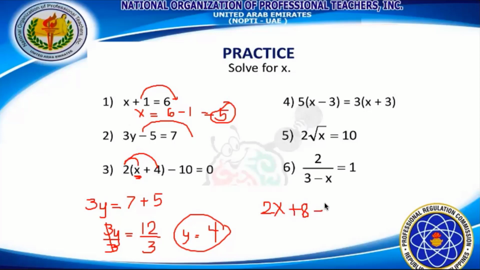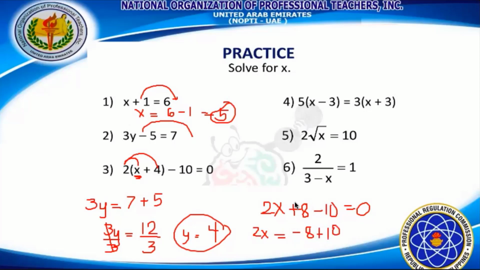Minus 10 equals 0. Okay. So, ilipat na natin lahat doon sa kabila. So, magiging 2x equals magiging negative 8 plus 10.